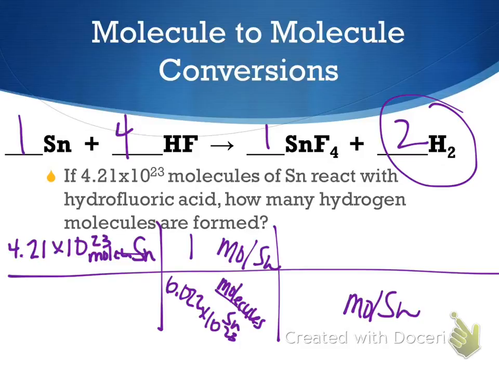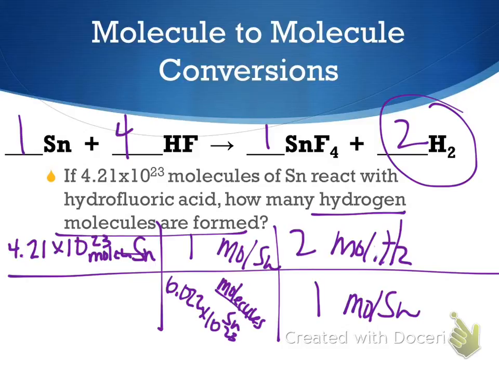And I want to go to what? How do I get to hydrogen? I go to mole ratio of the hydrogen. I accidentally wrote hydrofluoric acid. I want H2 right here. Okay, so our mole ratio between tin and hydrogen gas is 1 to 2.